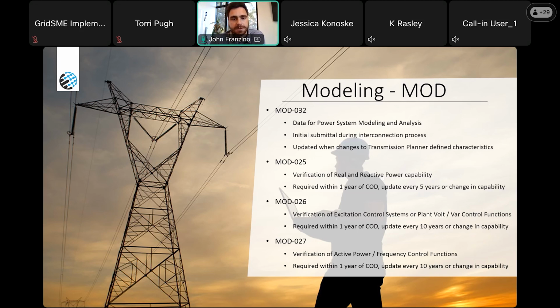So most of the time, for 26 and 27, you are scheduling a test to be explicitly done, and you are, for lack of a better term, tricking the power plant controller into thinking that there was a voltage event or excursion, a disturbance on the system, and then recording high-speed data on how the plant responded to that voltage excursion. And then same exact concept on Mod 27, except now we're looking at frequency events instead of voltage events.